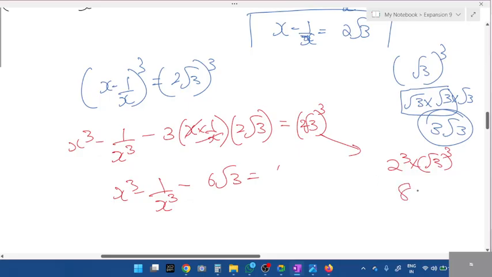How much is 2 cube? 8 into what is root 3 the whole cube? Root 3 the whole cube is 3 root 3. So you get 24 root 3 plus 6 root 3. Answer is 30 root 3.